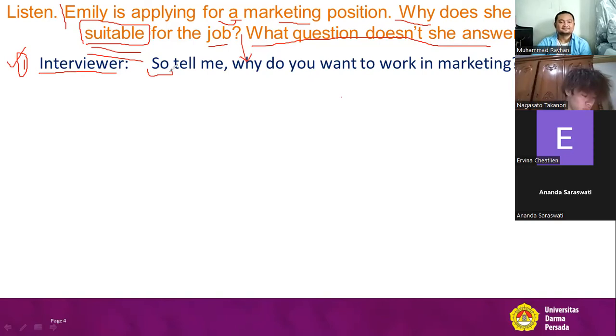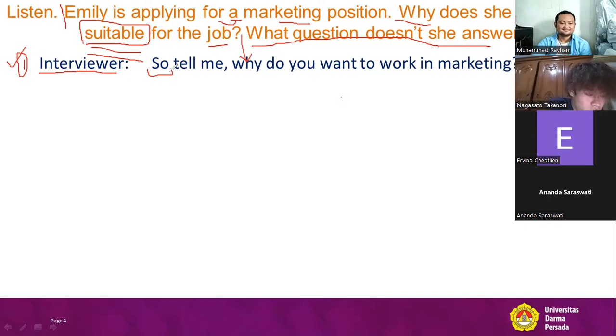Of course, it has meaning, but when you say so, maybe you just want to take some time. You know what I mean? What's the meaning of okay? Sometimes okay doesn't have any meaning.